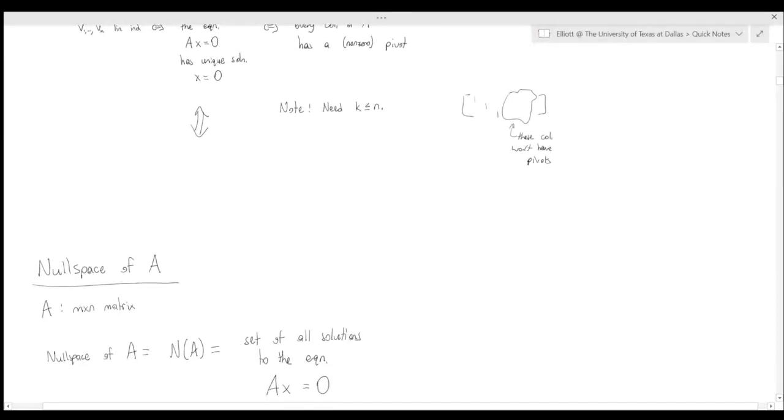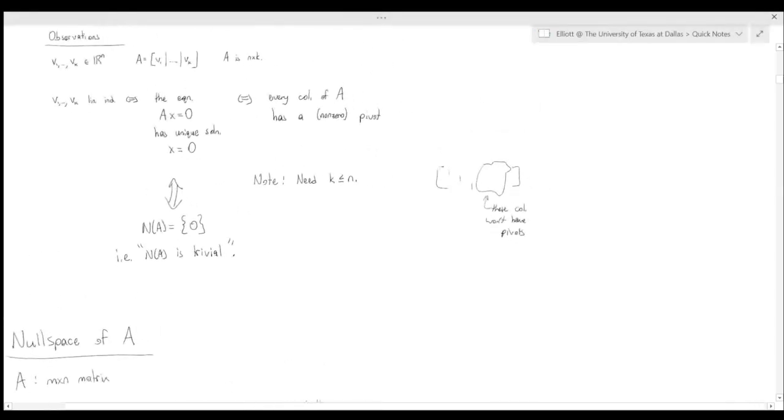And since the null space is the set of all solutions to this equation, another way to phrase it is by saying that the null space of A will consist of nothing but the 0 vector. Which some people will phrase by saying that the null space of A is trivial. Okay. So that's another equivalent statement for linear independence.